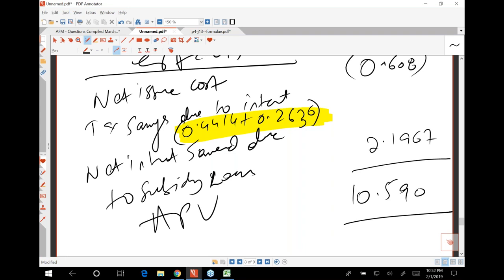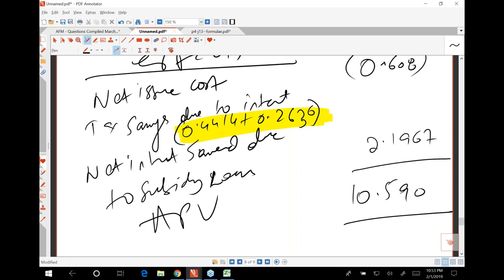Okay, is everybody okay with this? Somebody is asking what to do with the gross part mentioned in the question.